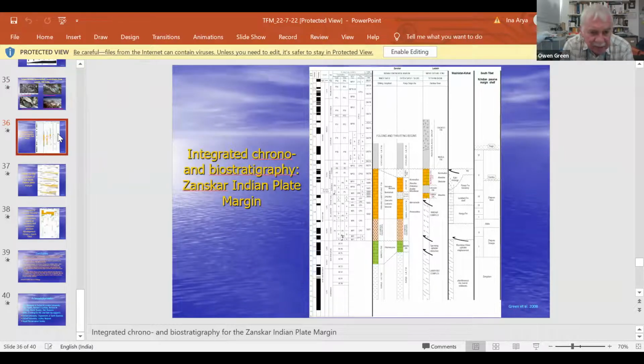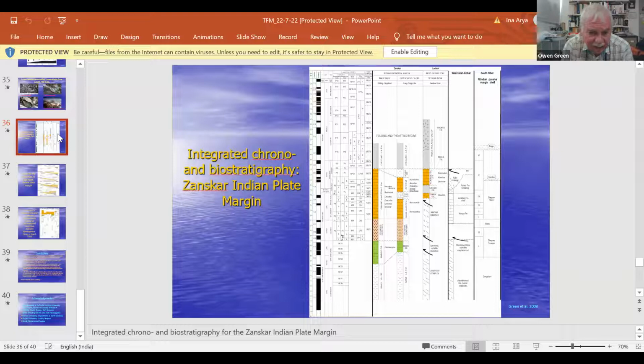And this is really us putting together our integrated chrono- and biostratigraphic stratigraphy. So we've actually got the shallow benthic zones now added into what was our nannoplankton zones and our planktonic zones. As I say, we were the first people to pull this together and demonstrate that this could be applied even in this sort of complex terrain in Zanskar.